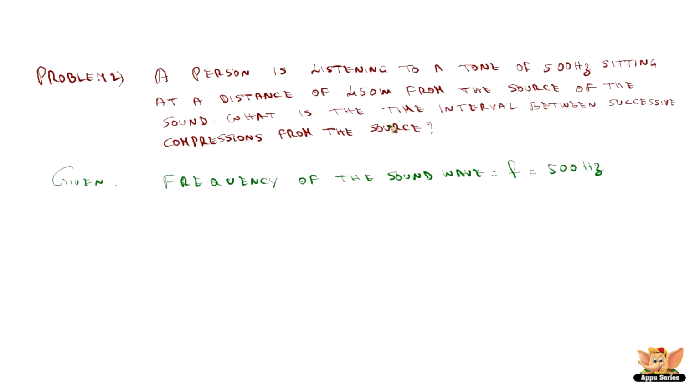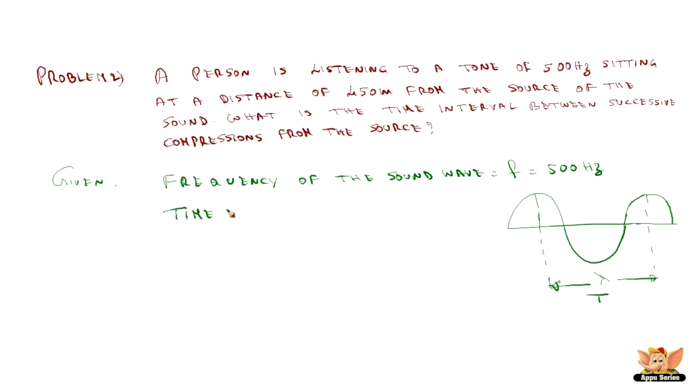We know the time interval between successive compressions is, if you draw a wave, this is one compression, this is another compression, this thing is lambda, and for one complete wave, the time it takes is T, the time period.